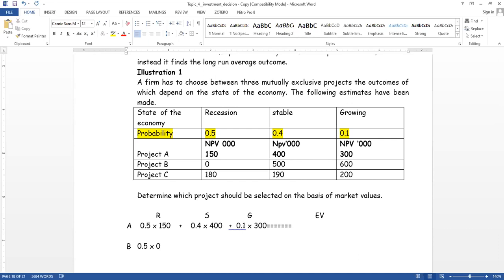Then I add 0.4 times 500. Then I add 0.1 times 600.